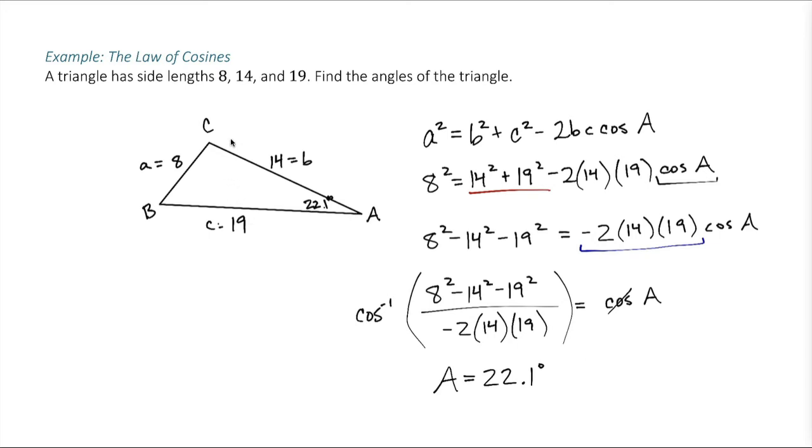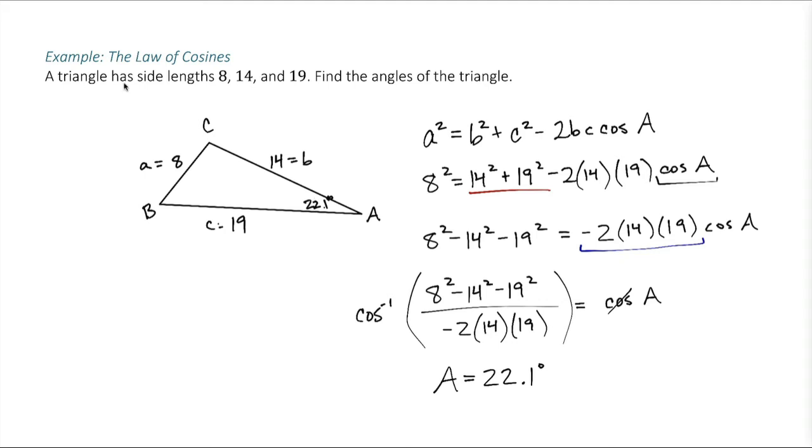Okay, now we can go and we can find another angle. At this point, we actually have options. We can do the law of cosines again, just the way that we did. Or now that we have an angle, we have side-side-angle, so we can do our law of sines.